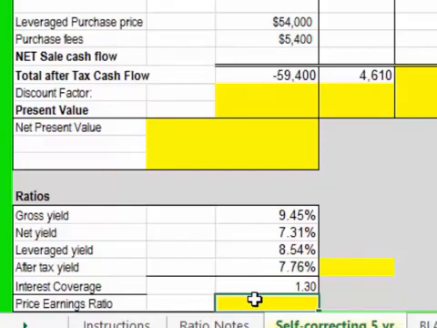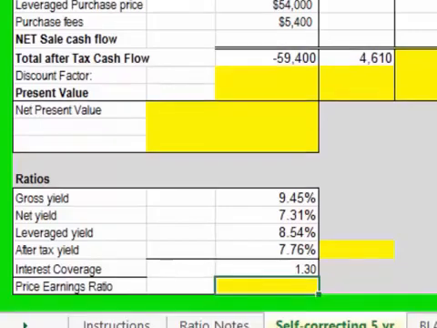The last ratio we'll look at is the price earnings ratio, and the price earnings ratio can be thought of quite simply as the inverse of the net yield. Different people calculate it as the inverse of different quantities. For instance, it could be the inverse of the after-tax yield as well.